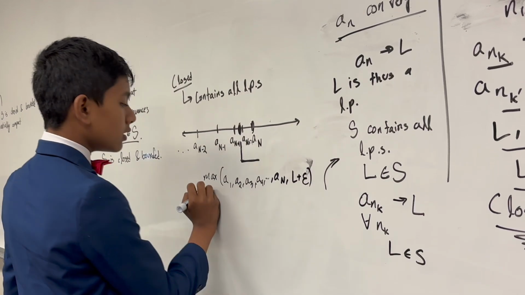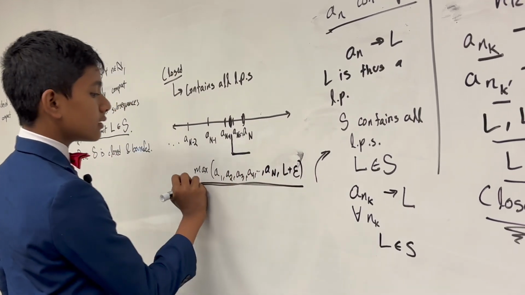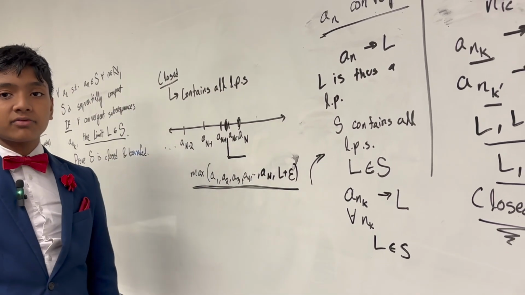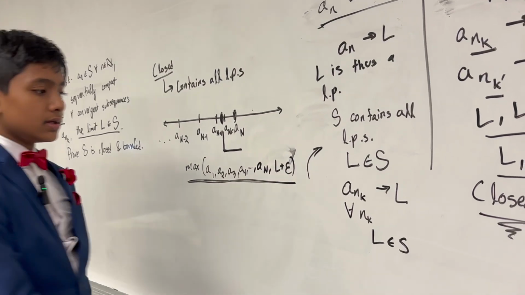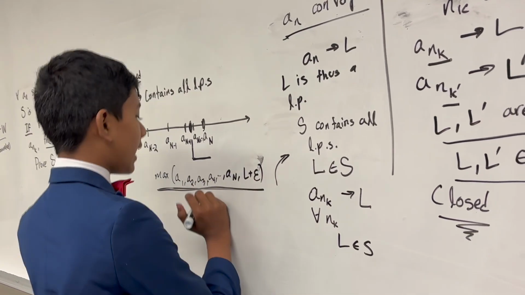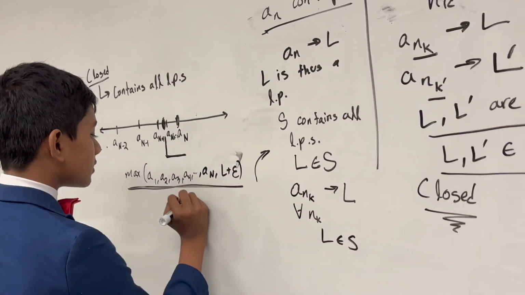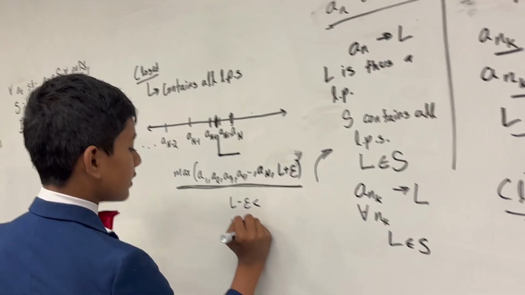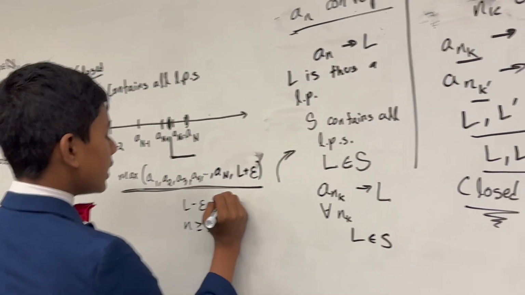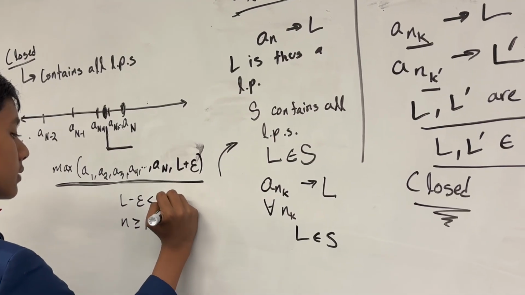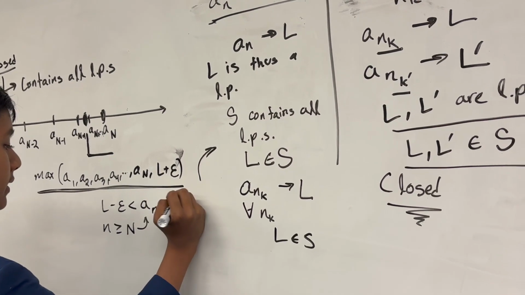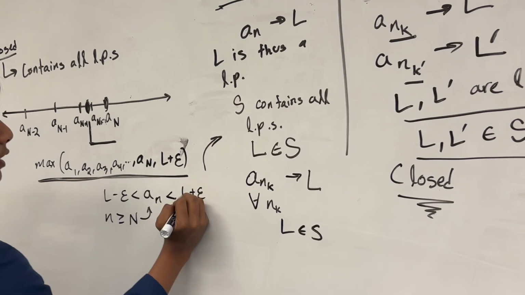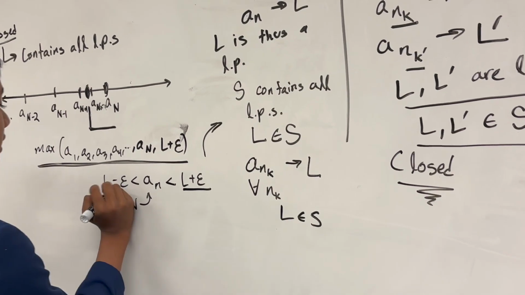The maximum of this thing has to be the maximum of the entire sequence, since we know that after some point, for all n which is greater than or equal to N, L minus epsilon is below a sub n, and L plus epsilon is above, which means we have that upper bound and lower bound.